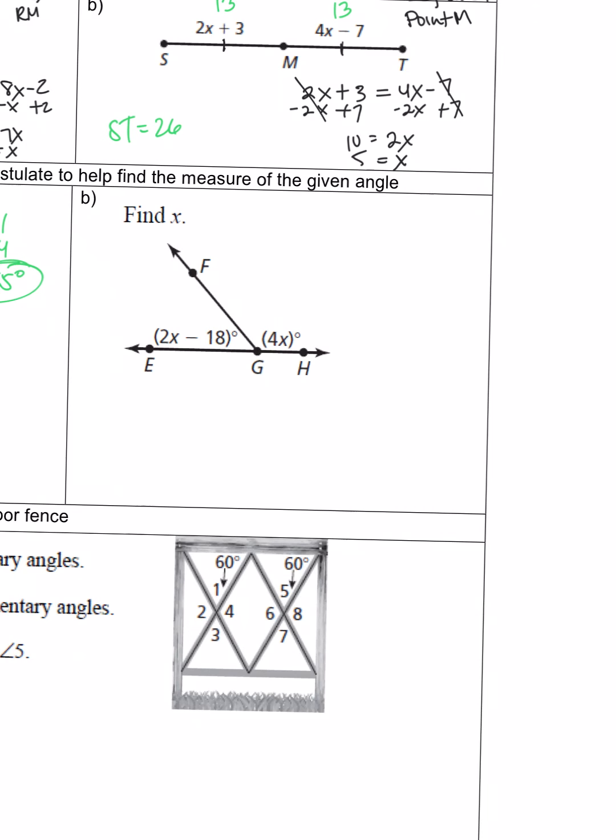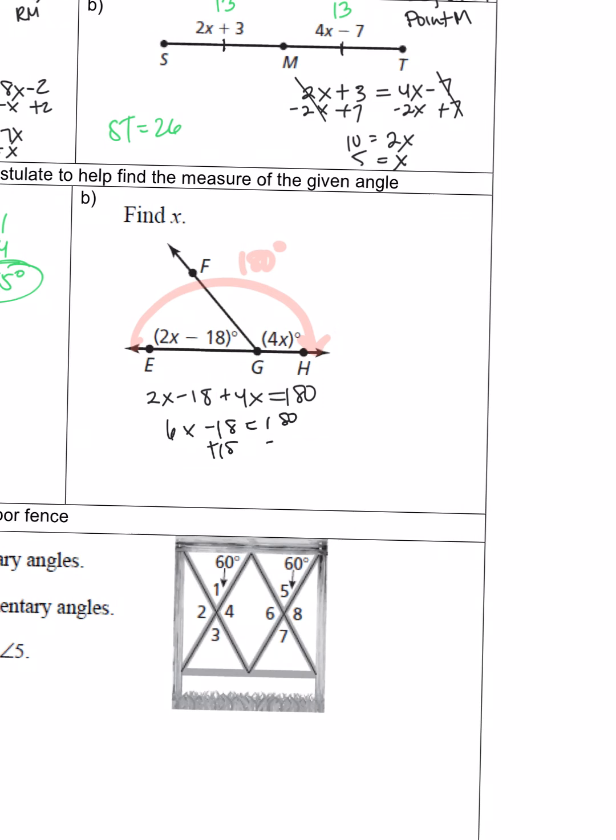Find angle X. This is a linear pair or a straight angle. So together, these add to 180 degrees. So we could say 2x minus 18 plus 4x equals 180. A little angle plus little angle equals the larger angle of 180. 2x and 4x is 6x minus 18 equals 180.